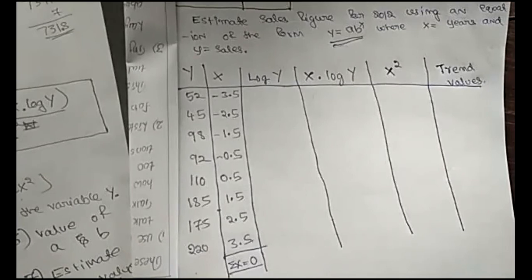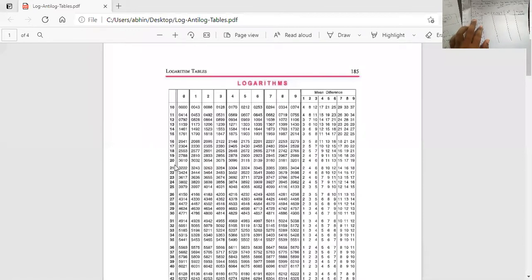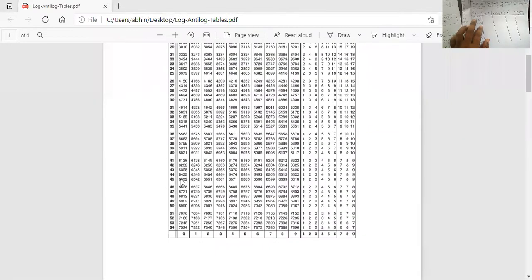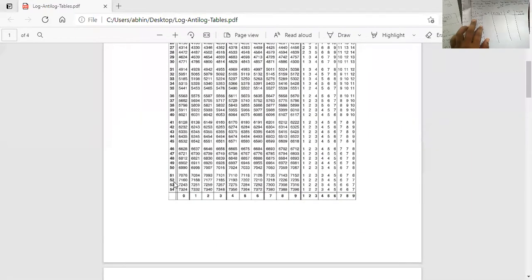Now see the log table. First one is 52. The log value of 52 is 7160. It has two characters, so 1.7160.